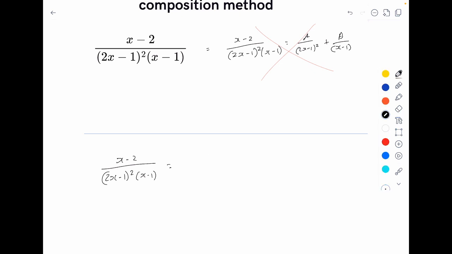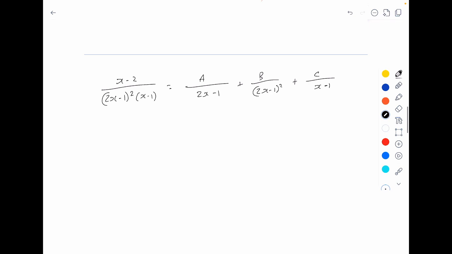Sorry, that should be A over 2x minus 1, B over 2x minus 1 squared, plus C over x minus 1. Okay, and then we can multiply that out, and if we multiply that out, x minus 2 is equal to A times x minus 1 plus B.